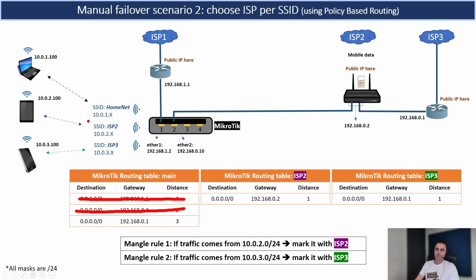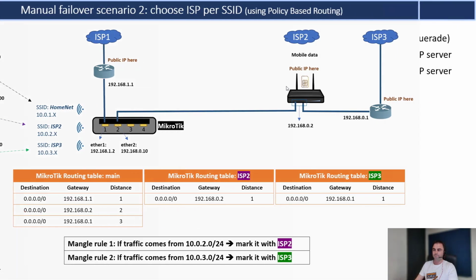But if I take a client and manually connect it, for example, to ISP2, it will use this routing table and will exit out of ISP2. It doesn't matter that the ISP2 route is disabled in the main routing table. It is active in the other routing table. So these routing tables are working independently.